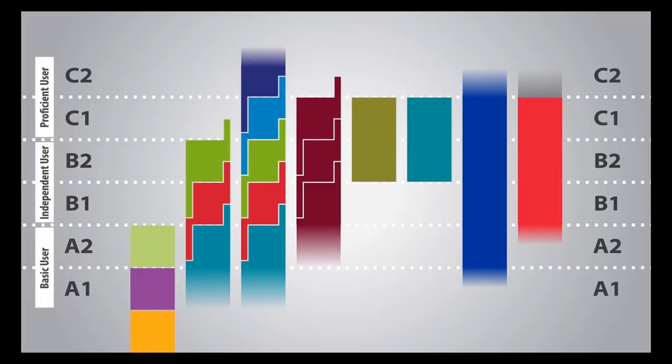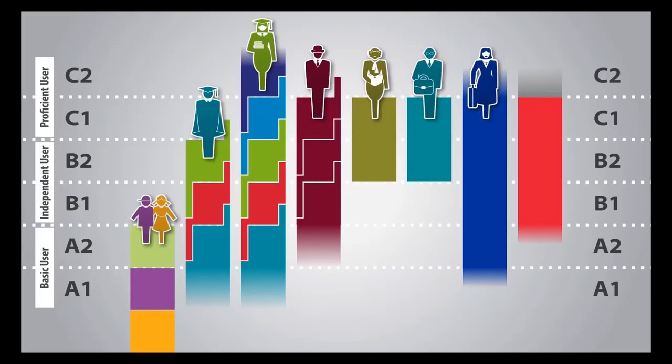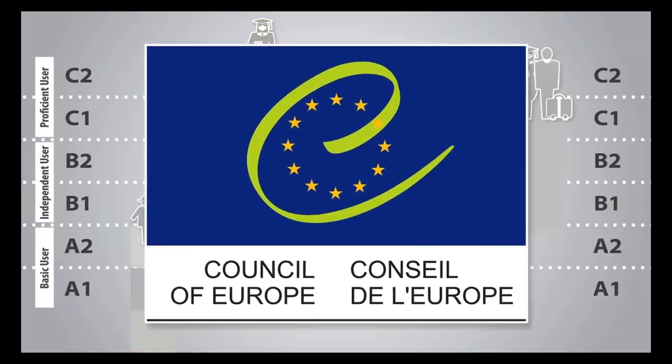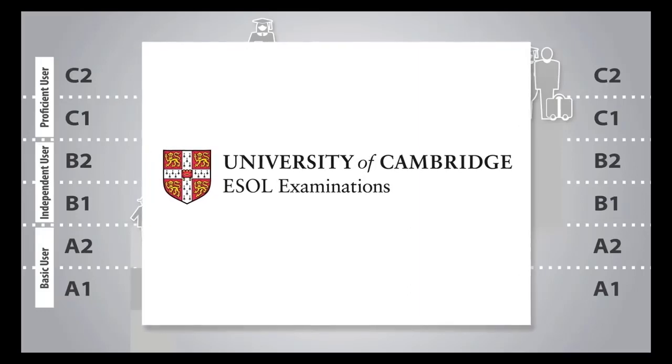There are many Cambridge English exams available for different ages and stages of learning, all matched to CEFR levels, from young learners through to university and the workplace, or simply for travel. The CEFR was developed by the Council of Europe with extensive support from University of Cambridge ESOL examinations.